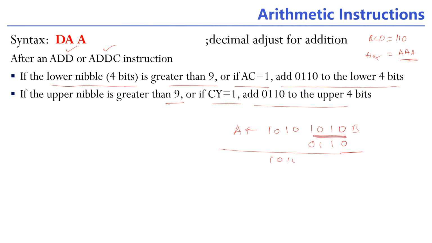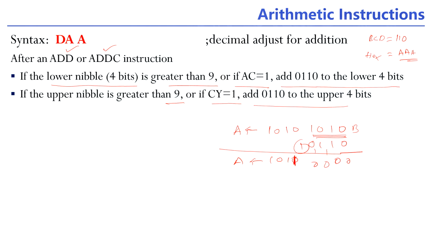That means upper 4 bits are as it is. The accumulator contents are now updated with carries propagating.